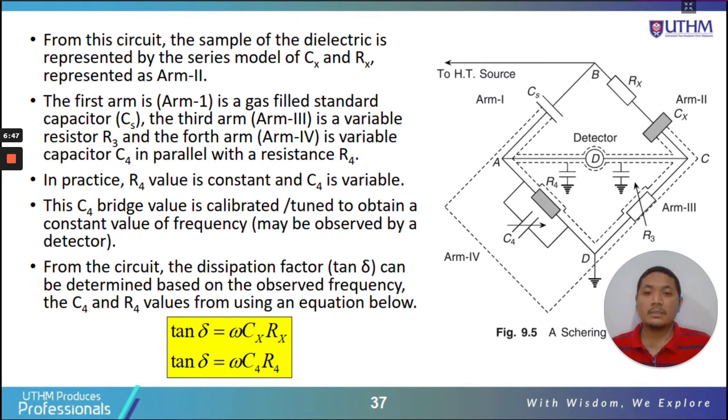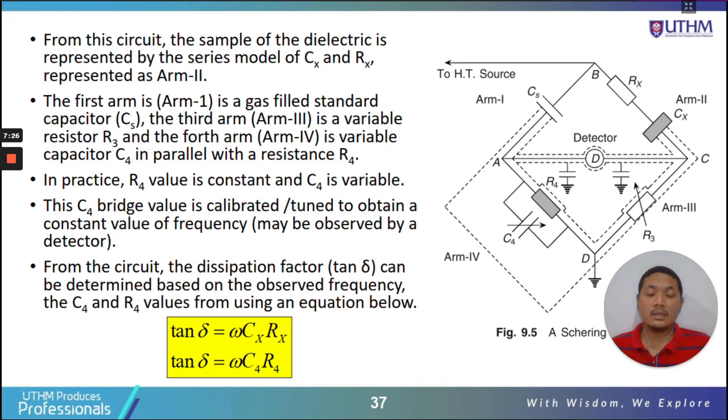From the circuit, the dissipation factor tan delta can be determined based on the C4 and R4 values. So we tune the value of C4 and check the value of R4 as well. When the null detector is at the middle, at balance condition, then we can determine the value of Rx and Cx.